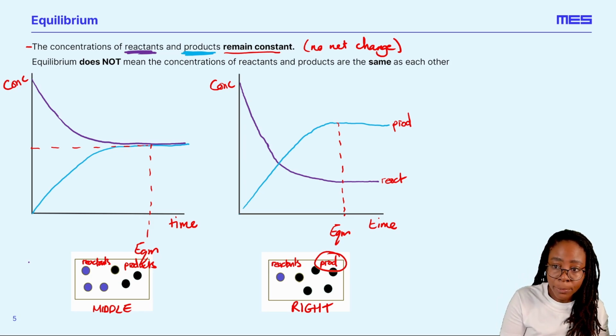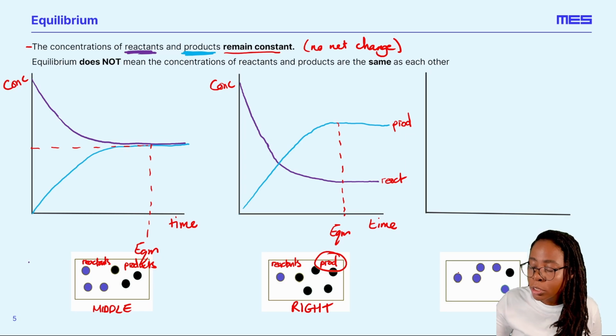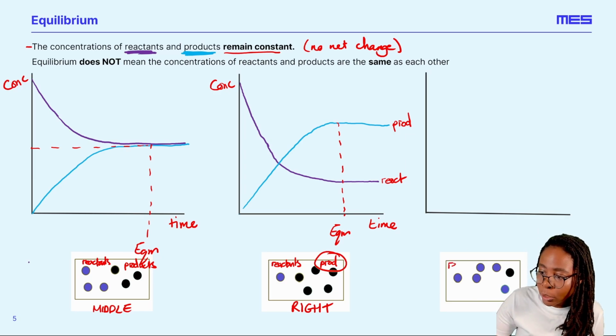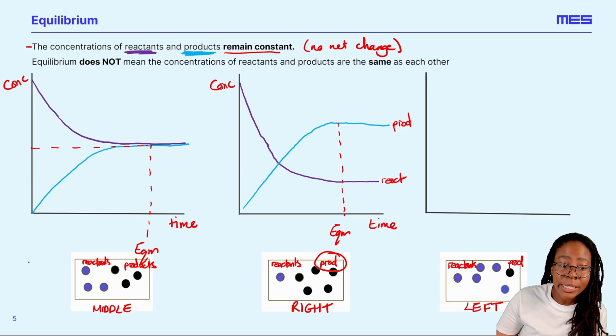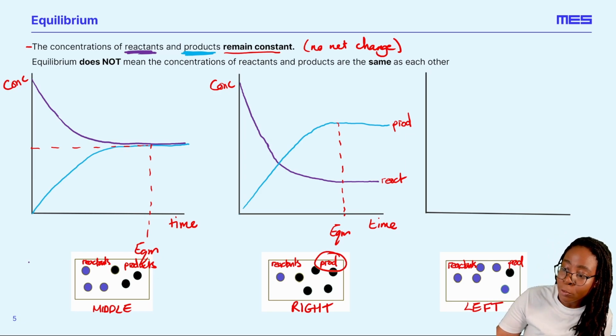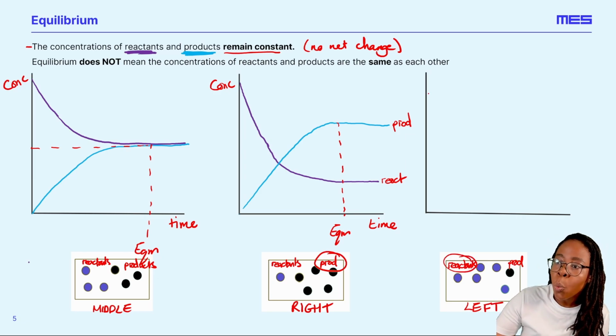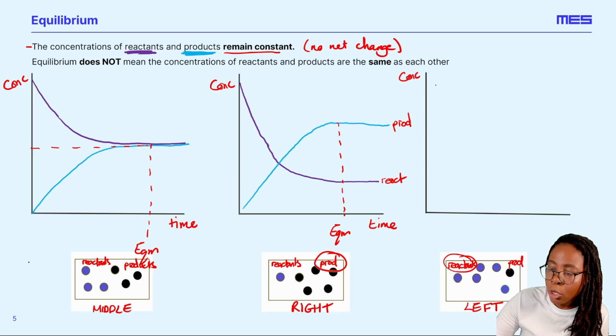The last type, if we've got a reaction that at equilibrium lies closer to the reactants, in this case, we can say the equilibrium lies towards the left or towards the reactants. What would that curve look like? Concentration against time.